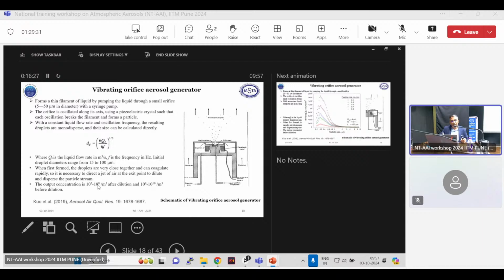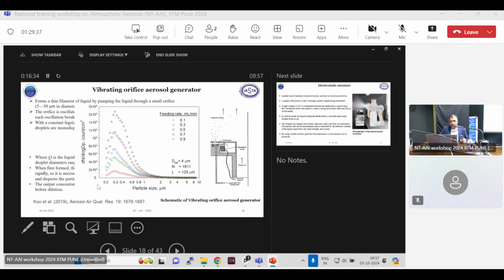Then here the particle size is in micron size, 15 to 100 micron. Then this is the typical size distribution. If you see, it ranges from nanometer to micrometer, and even 8 to 10 micrometer can be achieved.